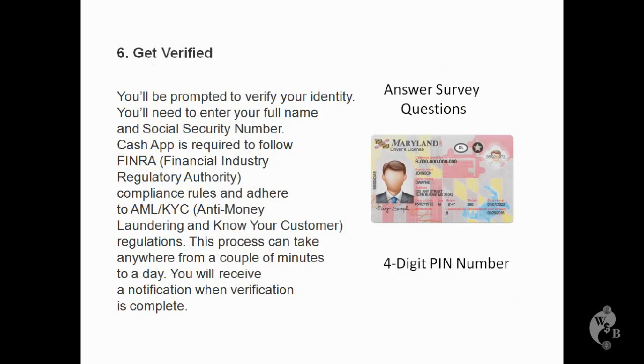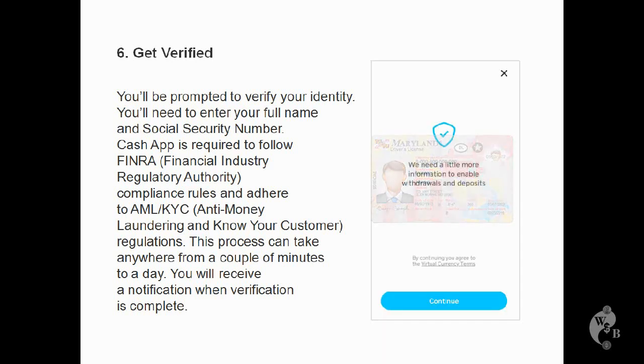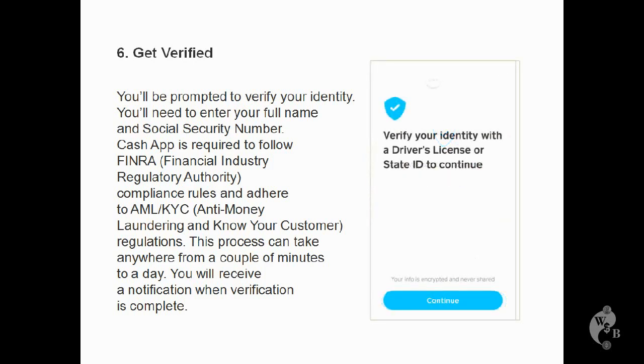So for these steps you're going to need to have your driver's license with you. They're going to ask you to answer a few questions, and also you'll need a four-digit pin code. So after you click that button, this is what will appear, and then you just click continue to go forward, and that's where it will ask you for your driver's license.